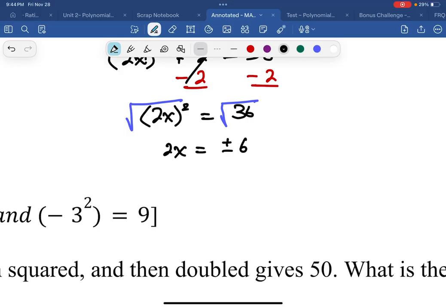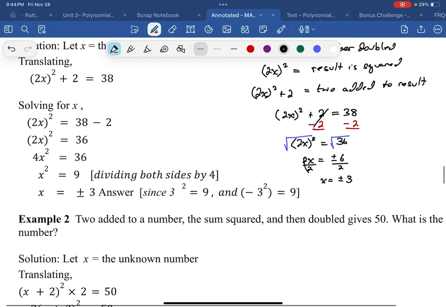But to allow for it to be any number, they didn't say only the set of whole numbers or positive integers or anything like that. It just said a number. So we have to allow that it could be a negative also. And so I divide out the 2, and I would get x is equal to positive 6 divided by 2 is positive 3, negative 6 divided by 2 is negative 3, so plus or minus 3.